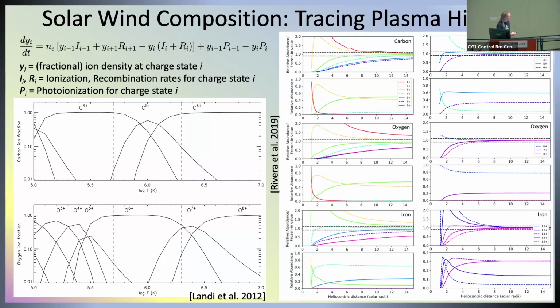And so one of the things that people want to do is they want to take remote sensing observations of these charge states, which you can get with spectroscopy, and try to match them with the solar wind that you measure in situ with a spacecraft when you've got instruments that can resolve these charge states.